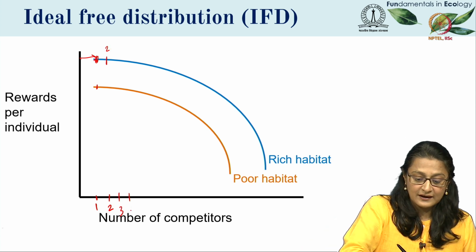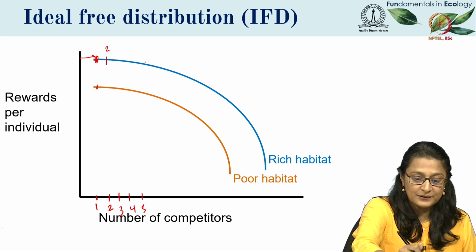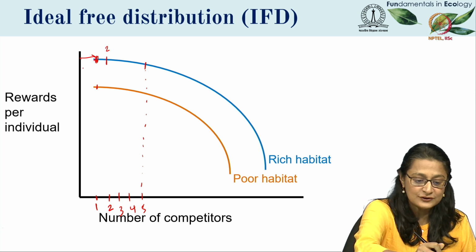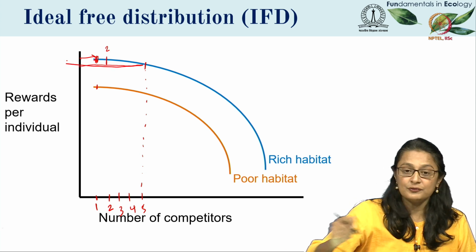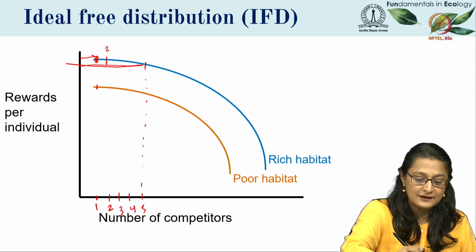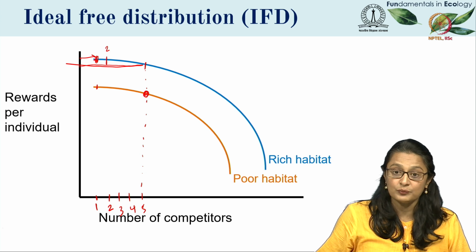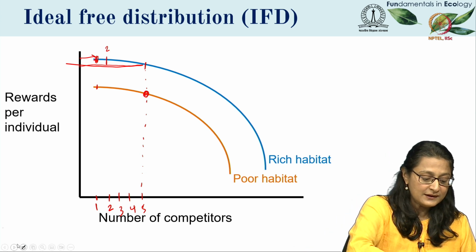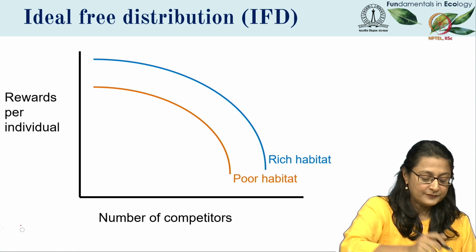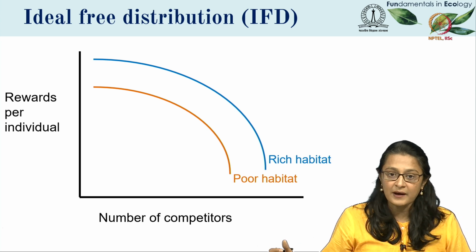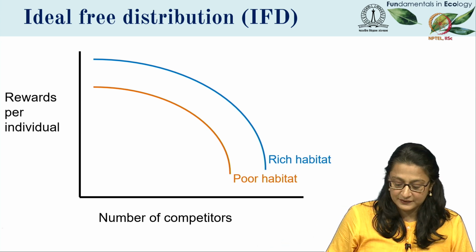So should the third and fourth and fifth, because up to this point, if a forager has a choice between the rich habitat and the poor habitat, it should still pick the rich one because it gives it a higher payoff than if it stopped and got resources at the poor habitat. So we can predict how many individuals should end up in the rich habitat and how many should end up in the poor habitat.